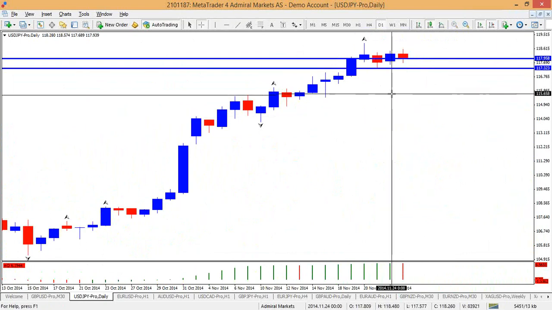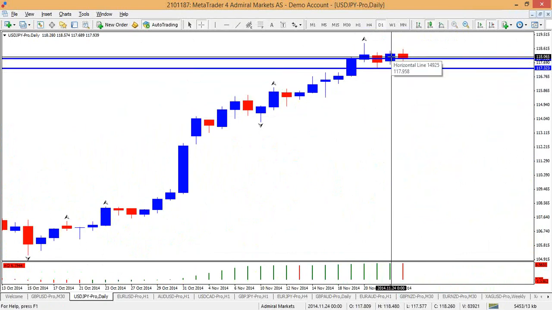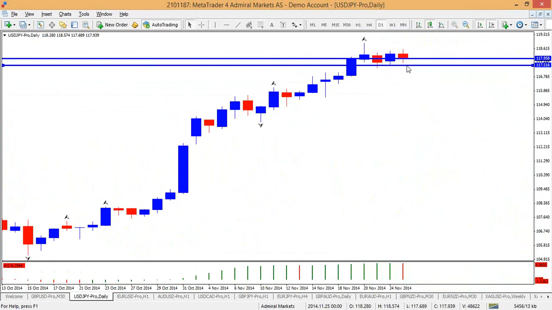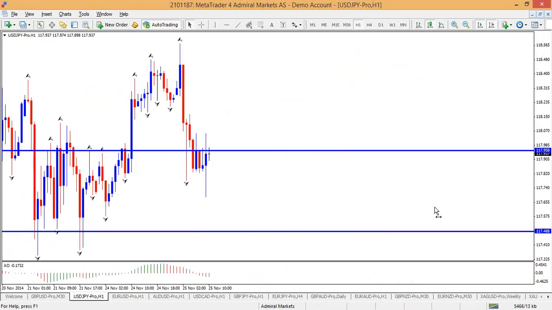What is the low of yesterday's candle? 117.57. So 117.47 indeed makes sense. 47. Okay. Yeah, it's the same setup that I already mentioned. In fact, I just didn't look at the daily chart as yet this morning, but it's actually the same as I mentioned when looking at the hourly.